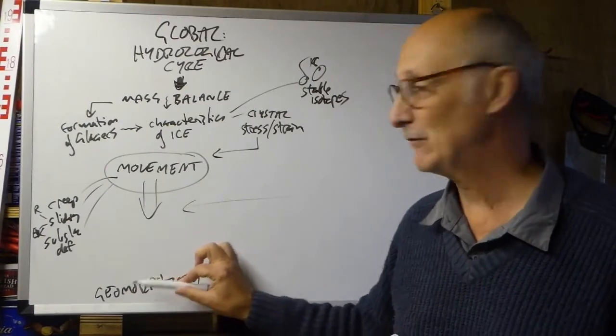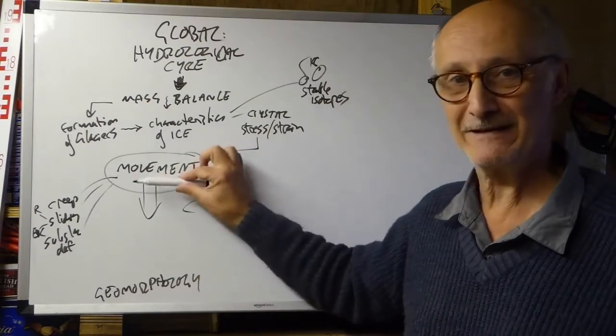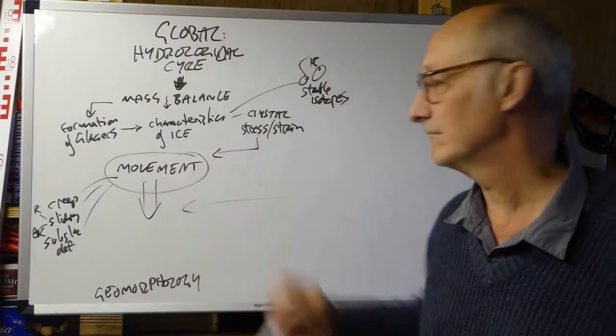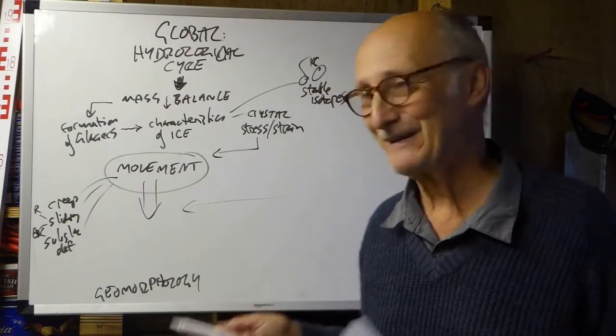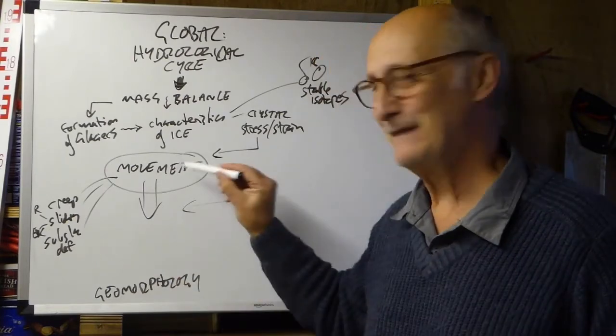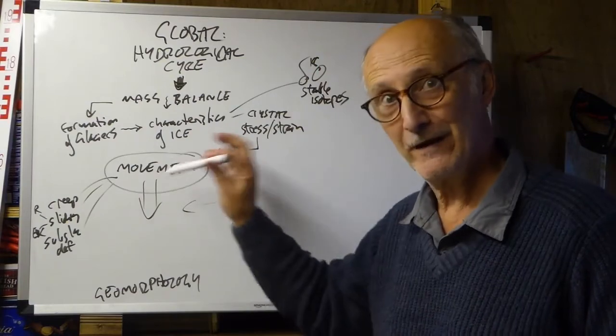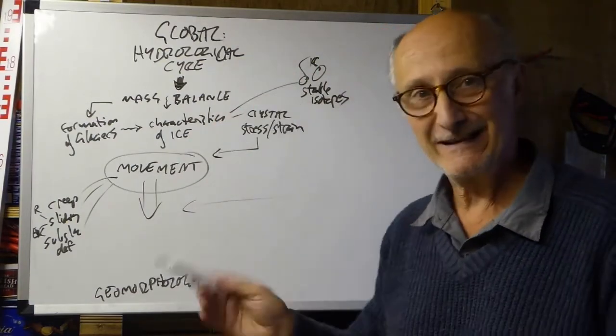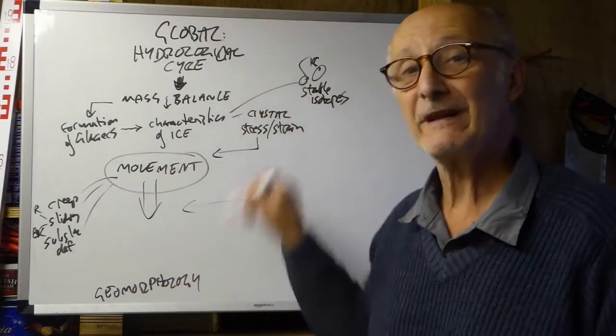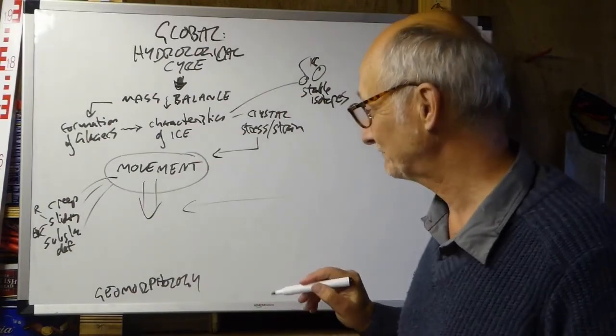A lot of glacier geomorphology is completely dependent on things to do with glacier motion. And I often argue at this stage in the module, or I might change my mind later on when we talk about other topics, but for now I'm going to say that movement belongs right at the heart of our conceptual map of the glaciers and landscapes module environment, if you want to think of it that way.